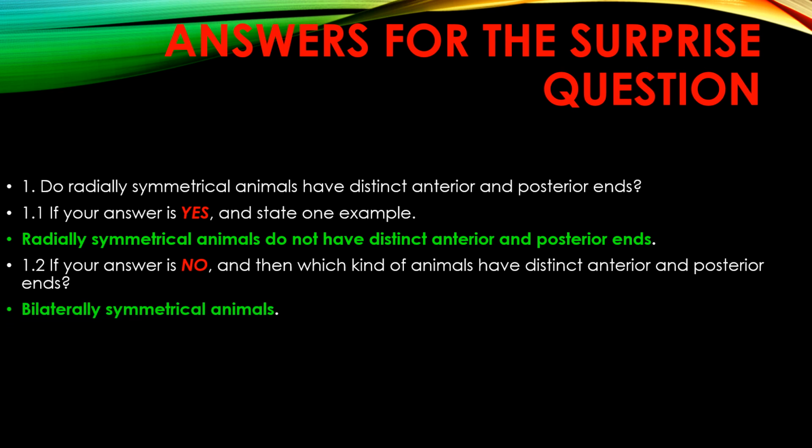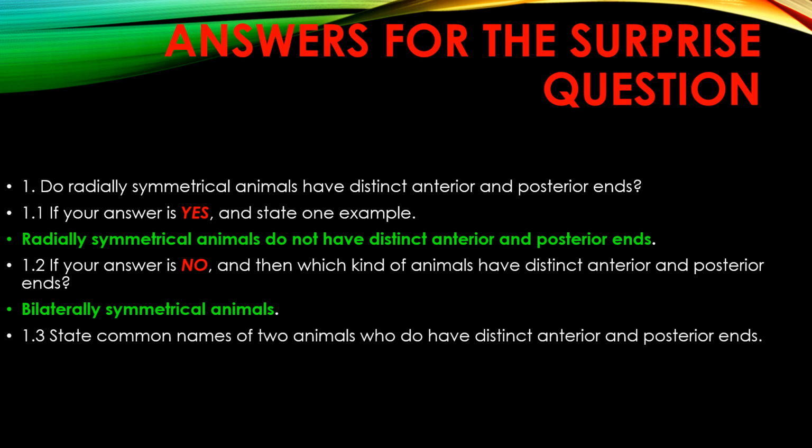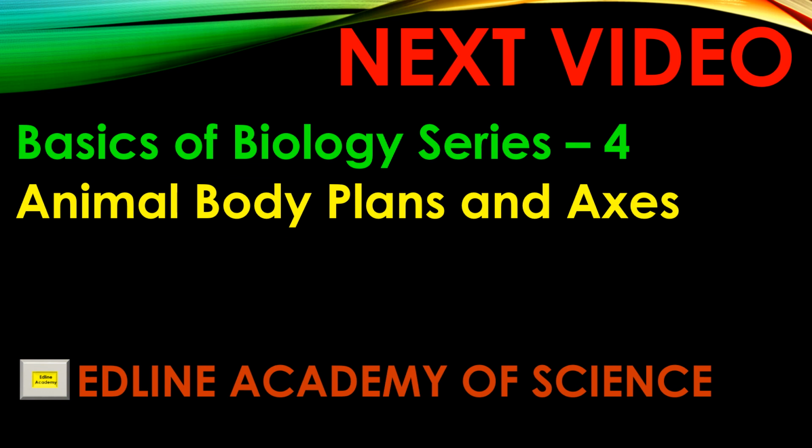Bilaterally symmetrical animals have distinct anterior and posterior ends. State common names of two animals that do have distinct anterior and posterior ends. Fish and frogs. My next video is about animal body plans and axis.